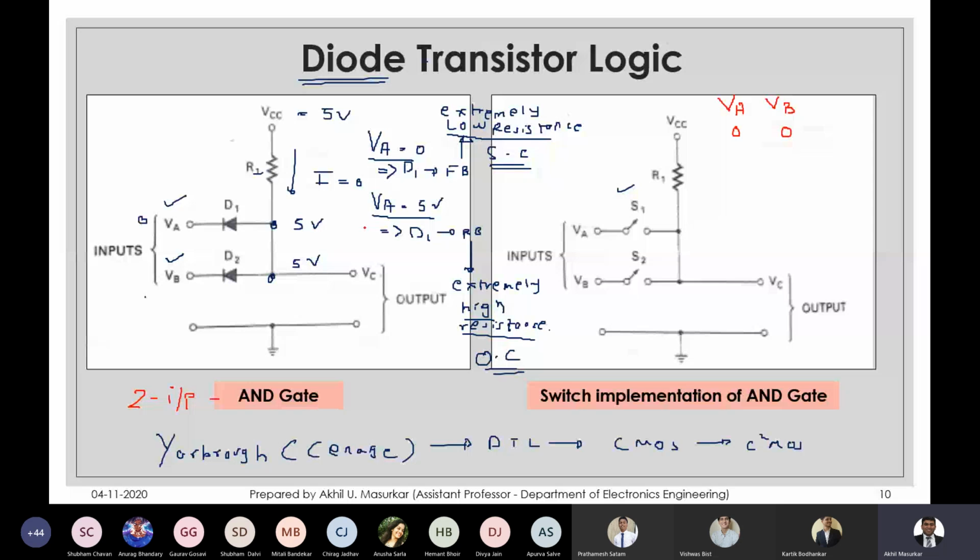Then we will look at the working of the transistors, how this circuit actually behaves as an AND gate. Once you are done drawing these two circuits, just write done in the chat box.